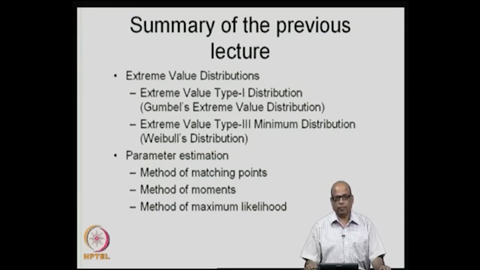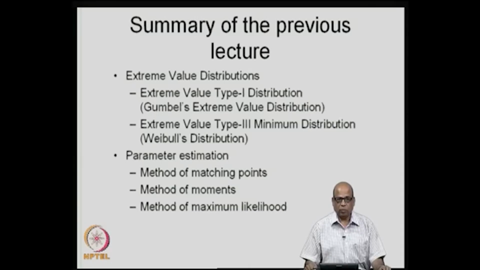parameters from the sample. In the method of maximum likelihood, which we will again review today, you define what is called the likelihood function, which is based on the sample values x 1, x 2, x 3, etc., x n, and then you look at those parameter values of the PDF which will maximize this likelihood.